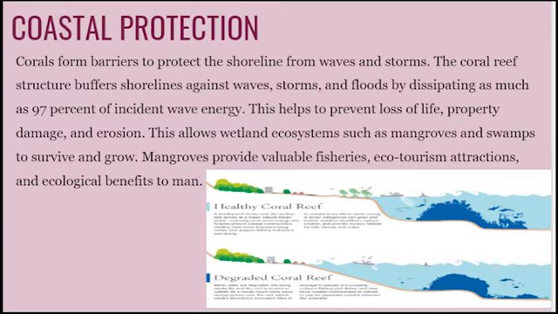After a while, it starts to look like this picture because the waves are affecting it. There aren't any coral reefs anymore, so there's nothing to act as a buffer, nothing to break the waves or the storms to prevent flooding. All of this wave energy continues onto the shore and starts to degrade the shoreline.